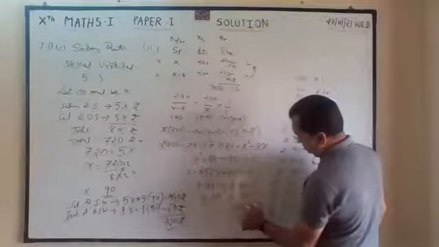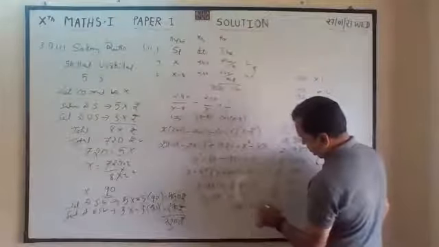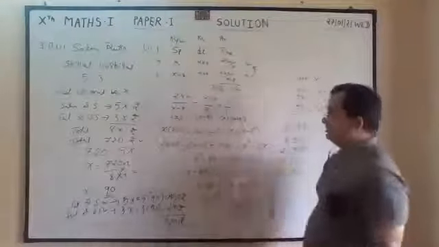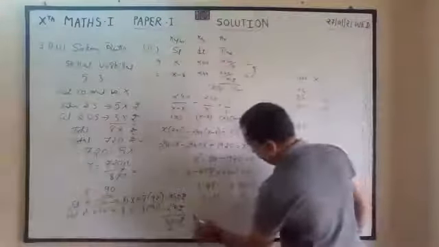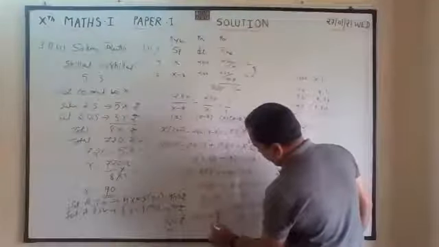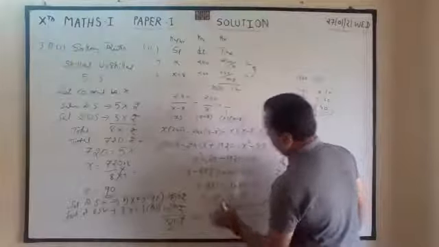Speed cannot be negative. So the speed is x equal to 48 kilometers per hour.